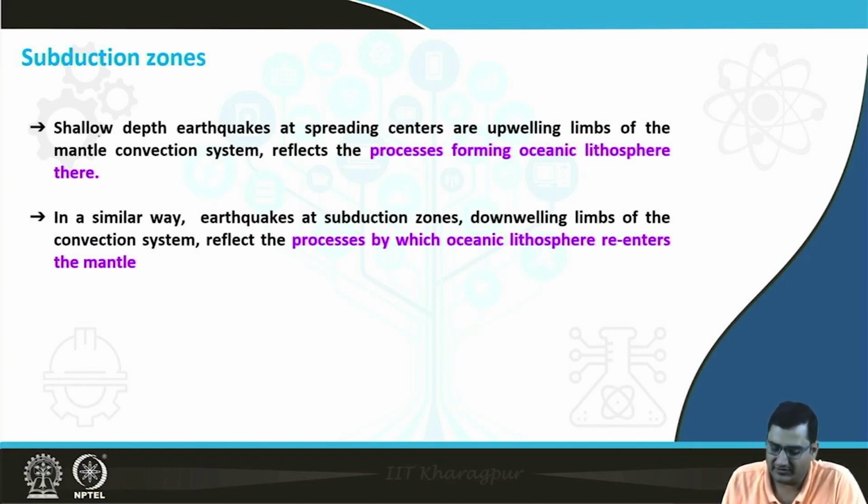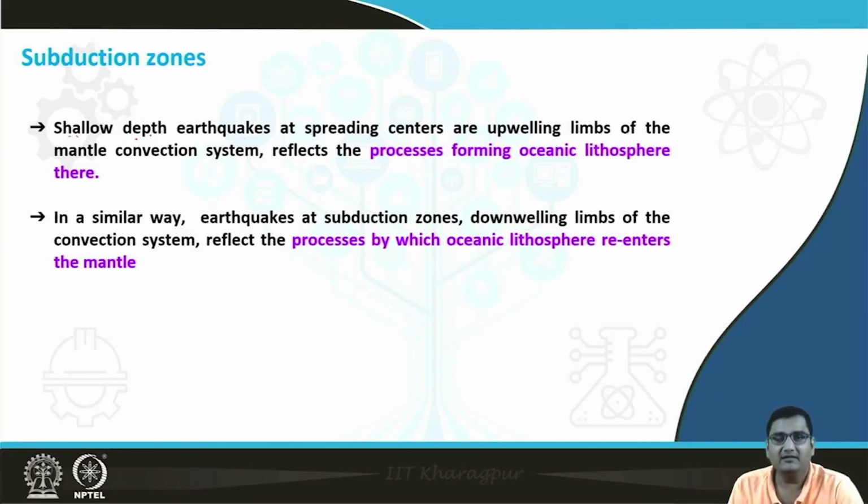So this is what is written here: the shallow depth earthquakes at spreading centers are upwelling limbs of the mantle convection system that reflect the processes forming oceanic lithosphere there.